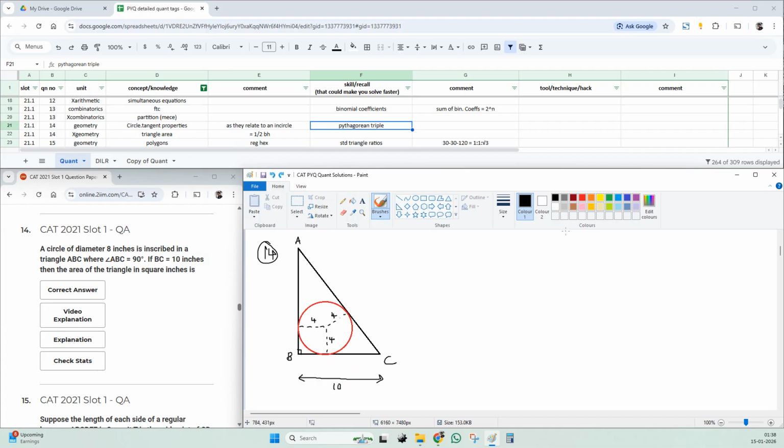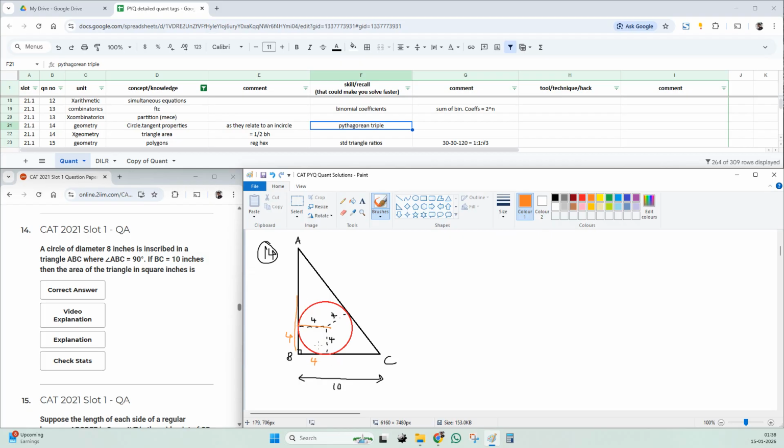Now, because the diameter is 8 inches, we have found that the radius is 4. Usually these questions play out in the same way, which is if this is 4, then this is all okay. So basically, since this would create a square, understand that these lines are already perpendicular.